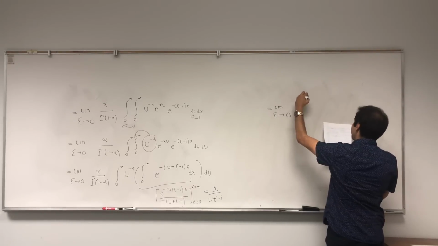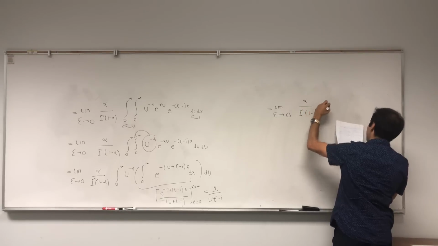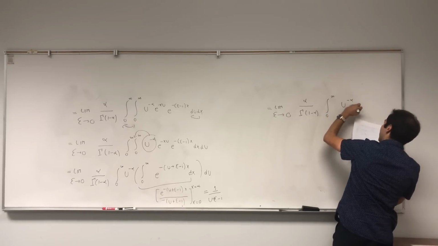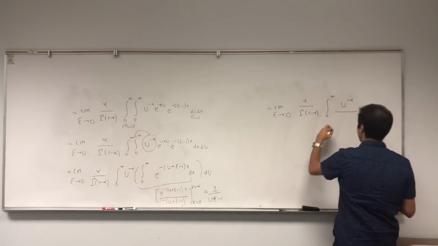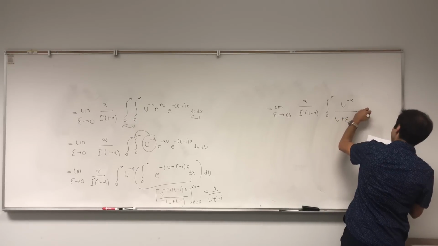So we have the limit as epsilon goes to 0, again alpha over gamma of 1 minus alpha, integral from 0 to infinity, u to the minus alpha over this term, u plus epsilon minus i, du.